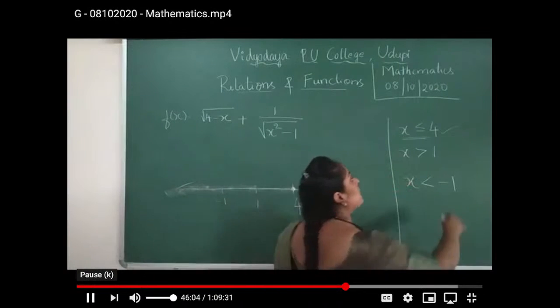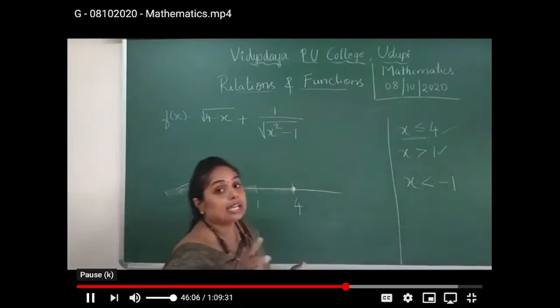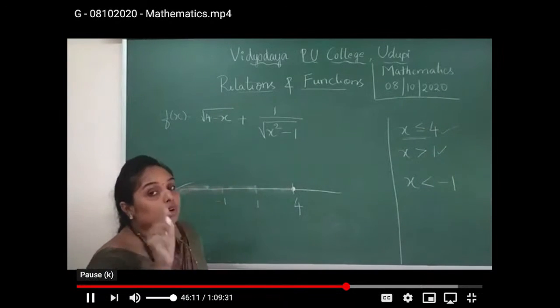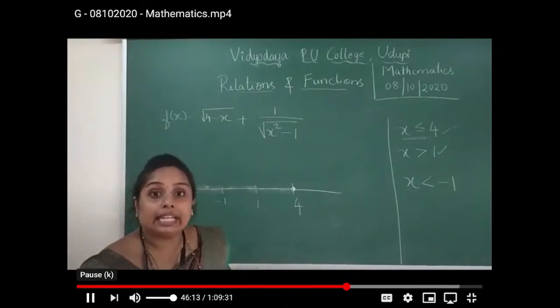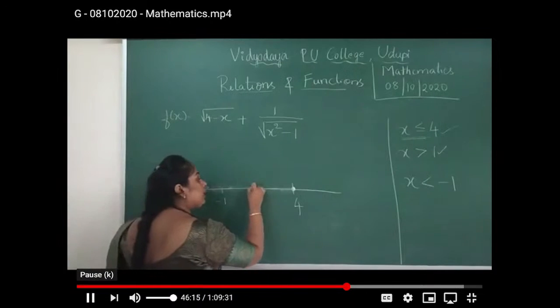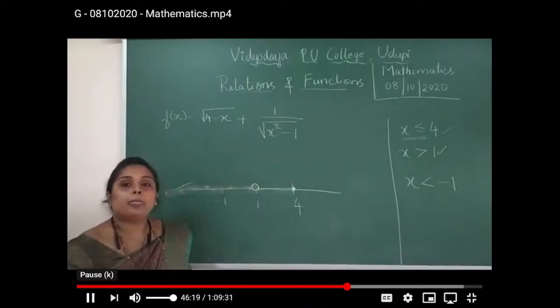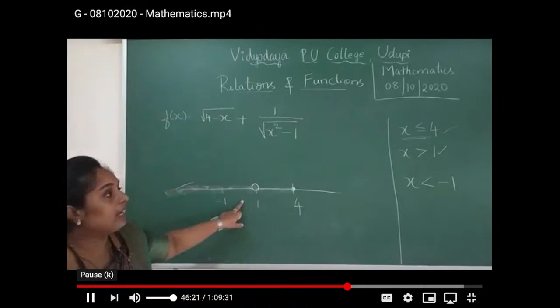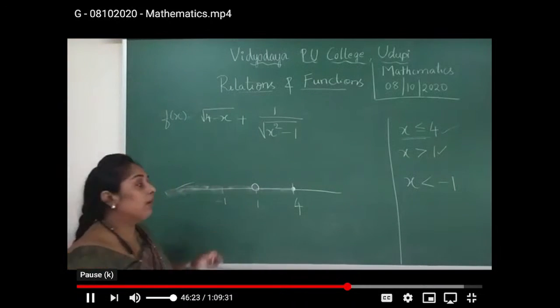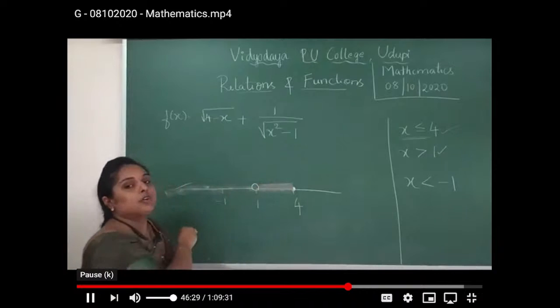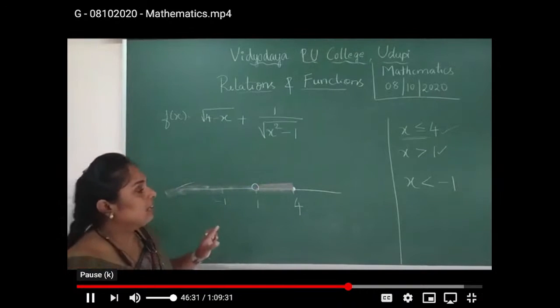Next condition, let us see. x is greater than 1. So here I am having 1. It's not greater than or equal to, only greater than 1. So not including 1, hollow dot here. Okay, not including 1. x is greater than 1 means it comes this side, which is the common shaded region.